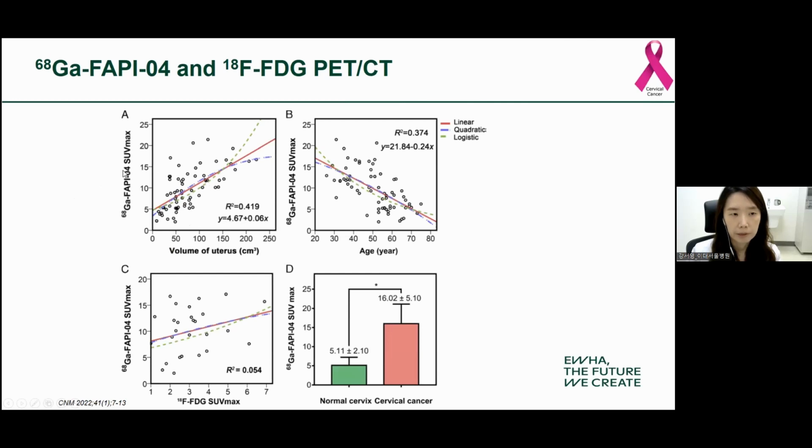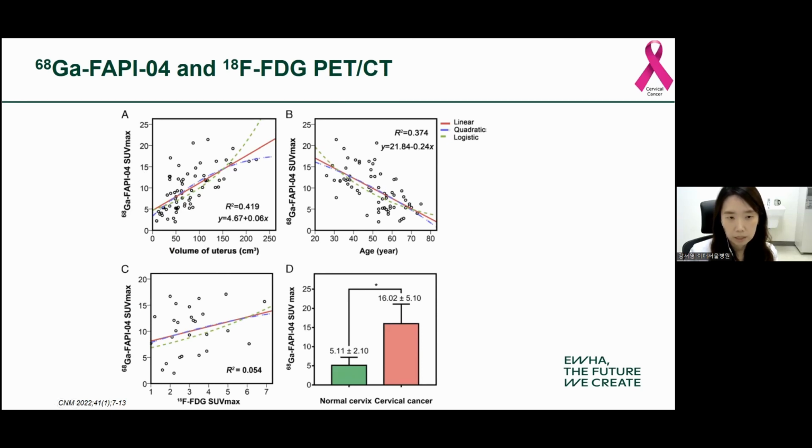So they compared FAPI SUV max with volume of uterus, also age and FDG uptake. So the uterine uptake of FAPI was positively correlated with the size of the uterus, and it is negatively correlated with age.